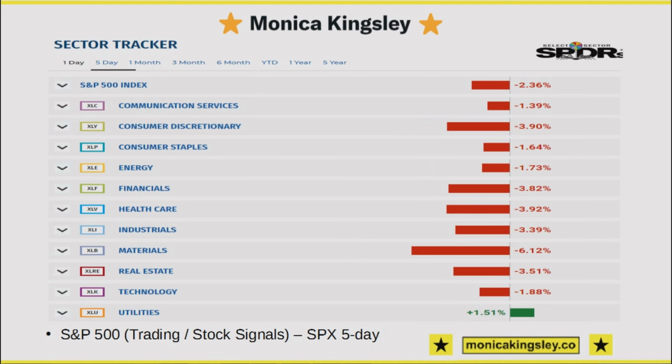So much for the daily perspective, and on a 5-day basis we see the same, and you can see how far on a 5-day basis, on a weekly basis, financials have fallen, and they had been telegraphing where the risks are lying.